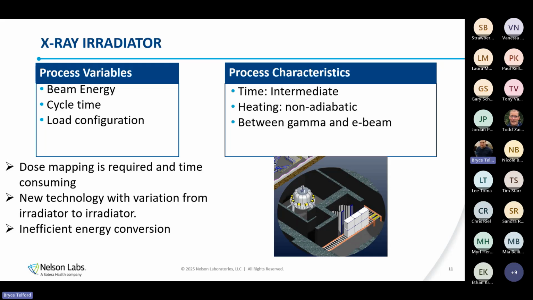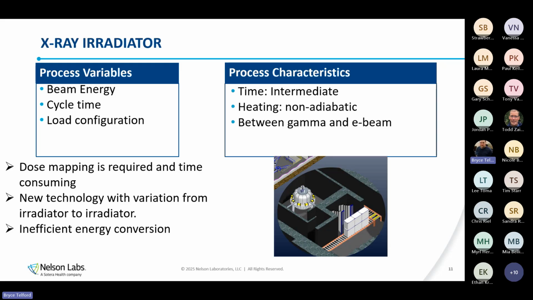And then one of the last items with X-ray is that it is an inefficient energy conversion. One way to think of X-ray is really like an incandescent bulb. I'm taking an electron beam and shooting that at a converter plate, and depending on who you talk to, whether the marketing people, the engineers, or the physicists, they're going to tell you different conversion rates.